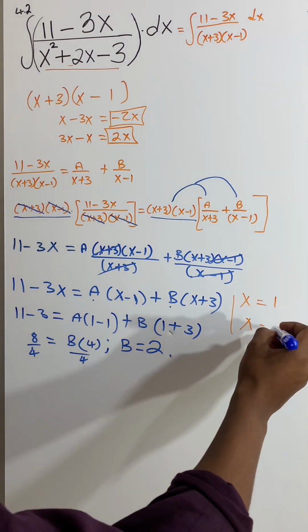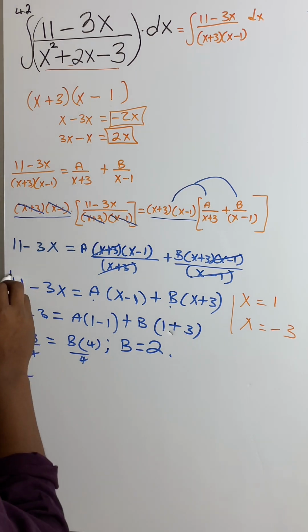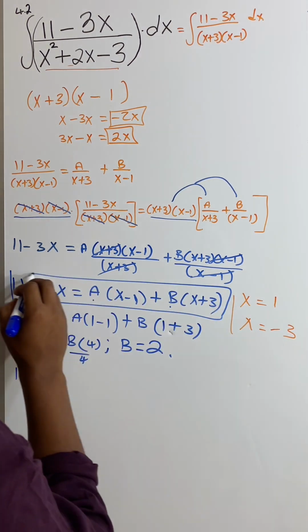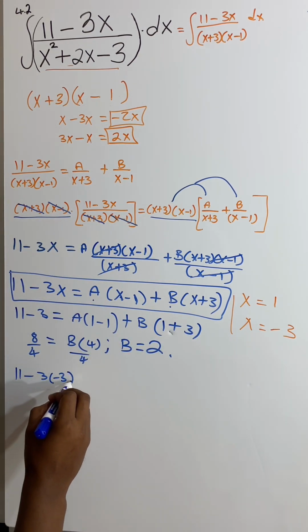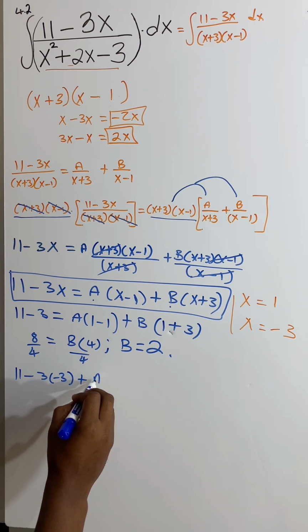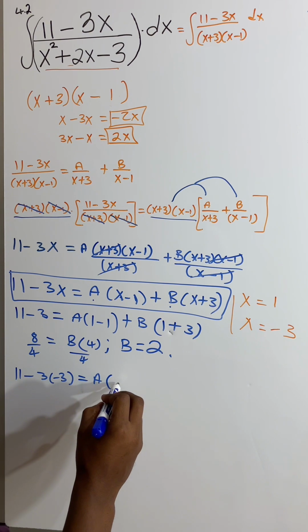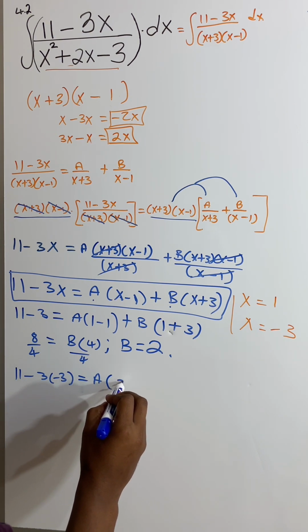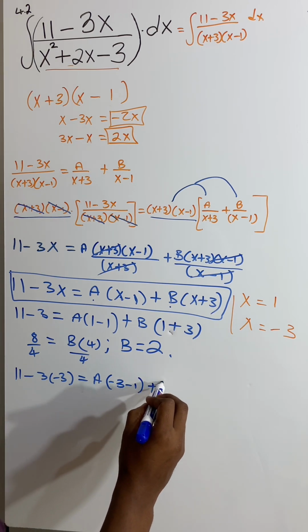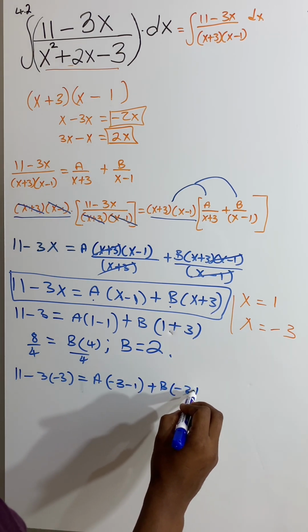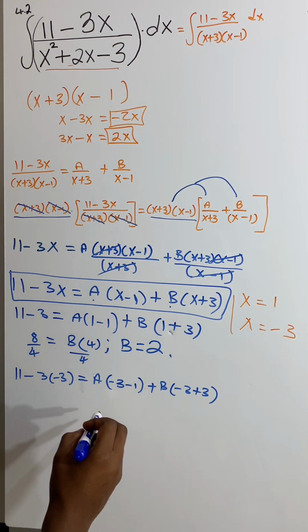From here, we substitute x as negative 3. Negative 3 minus 1. Negative 3 plus 3 will be equals to 0.